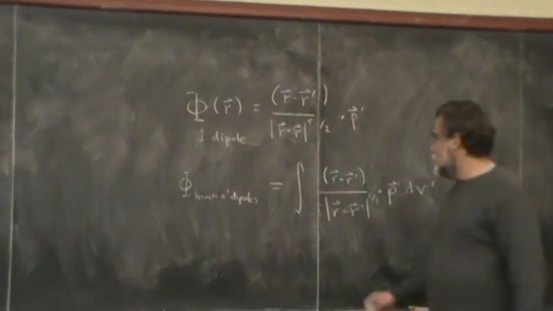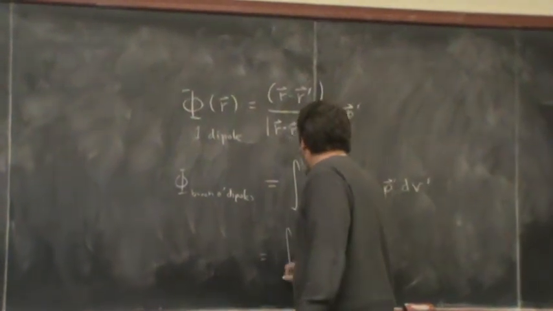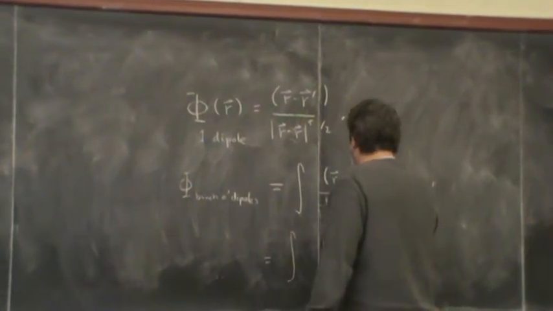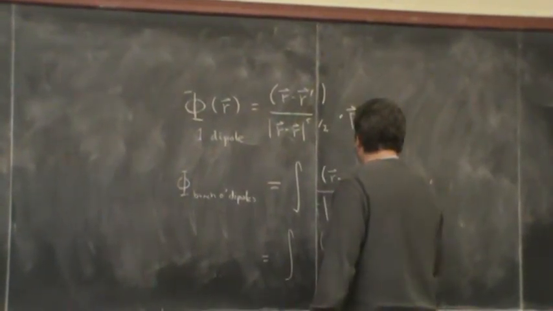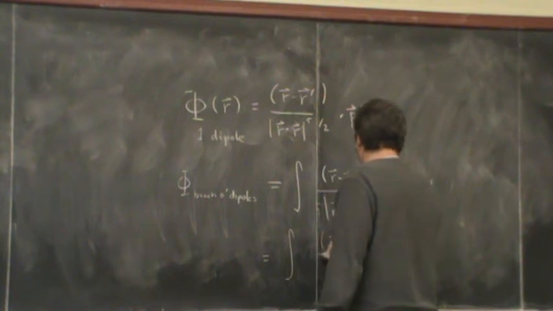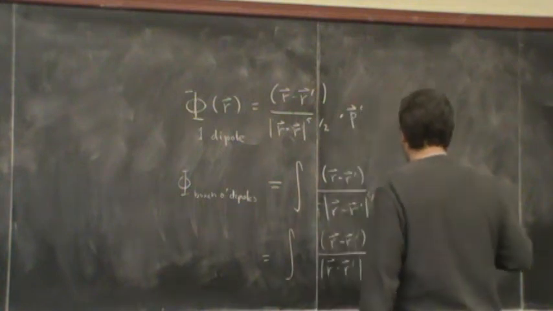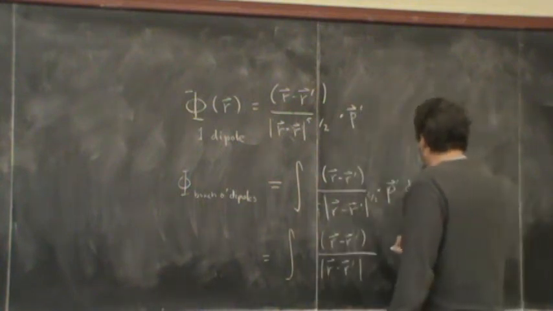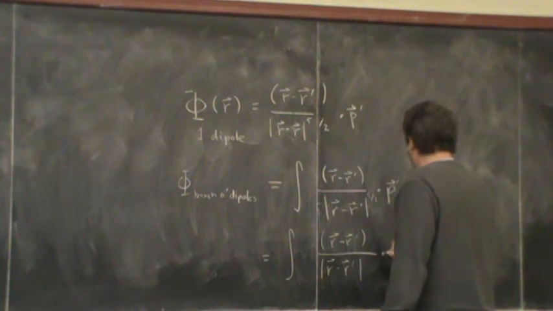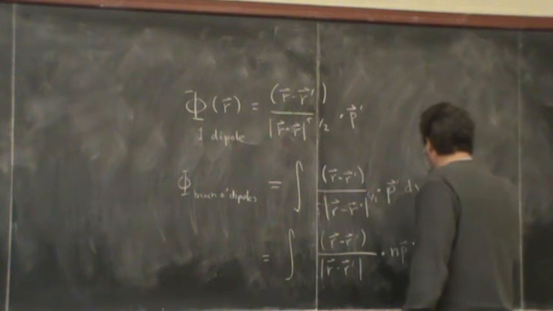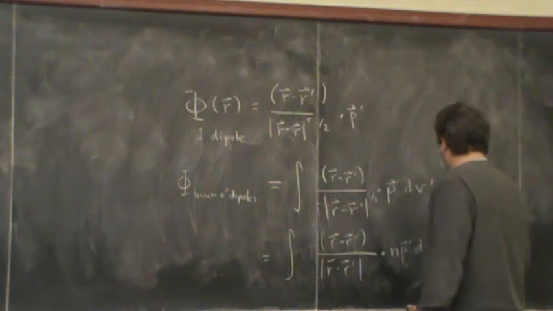So I did want to rewrite this with the same factor here: the number density of dipoles, moment per dipole, dV prime.